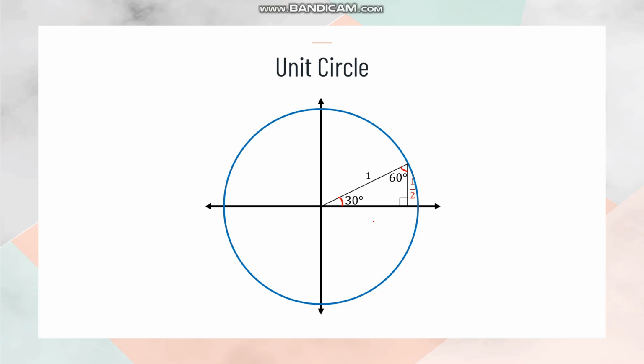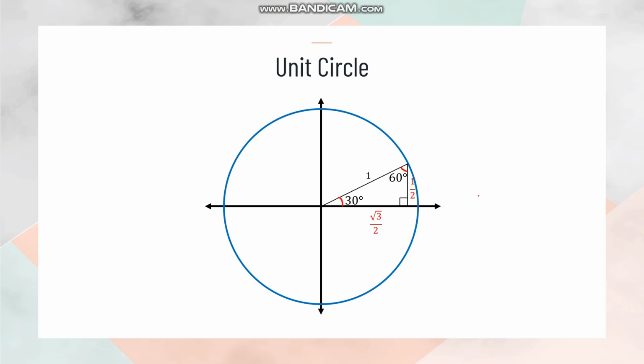The longer leg is square root of 3 times our shorter leg. So if we get the length of our longer leg, given that the shorter leg is 1/2, that will be square root of 3 over 2. So again, we are able to identify the length of each leg as well as the hypotenuse of this given right triangle.